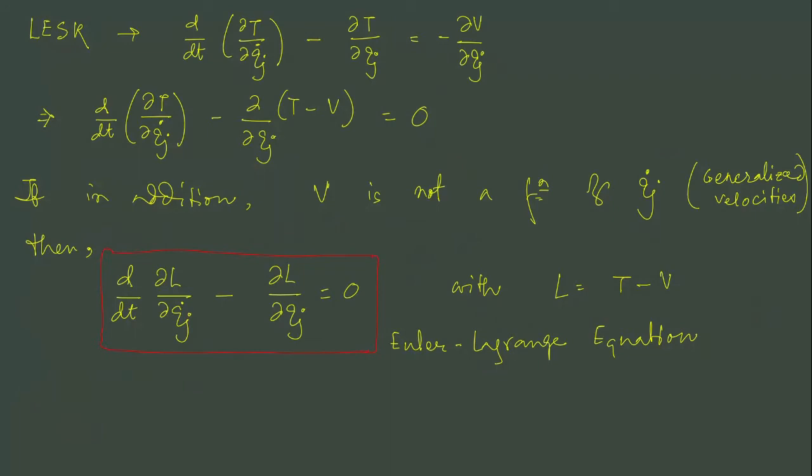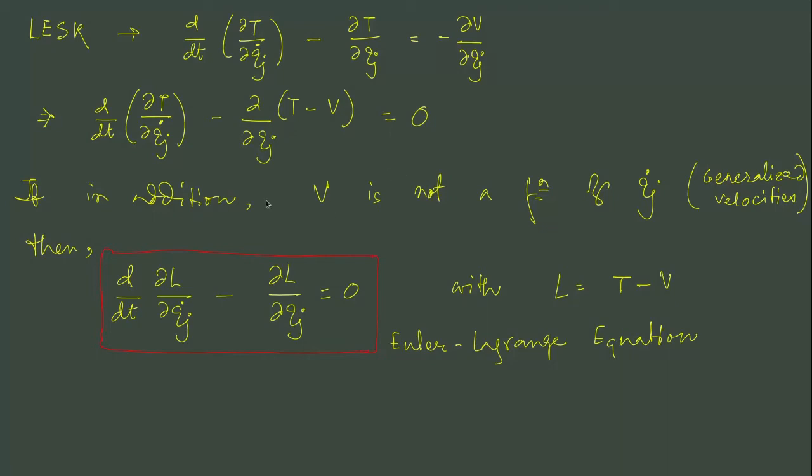So we replace that in Lagrange's equation of second kind in place of capital Q_j, and we can bring V to this side and write ∂/∂q_j of T minus V. Now suppose V is not a function of q̇_j, the generalized velocity, which is almost always the case. Almost always we have potentials which are not functions of velocity.